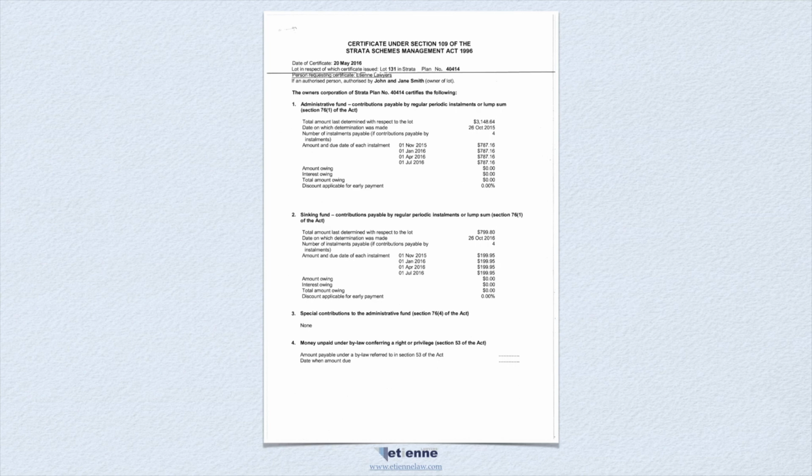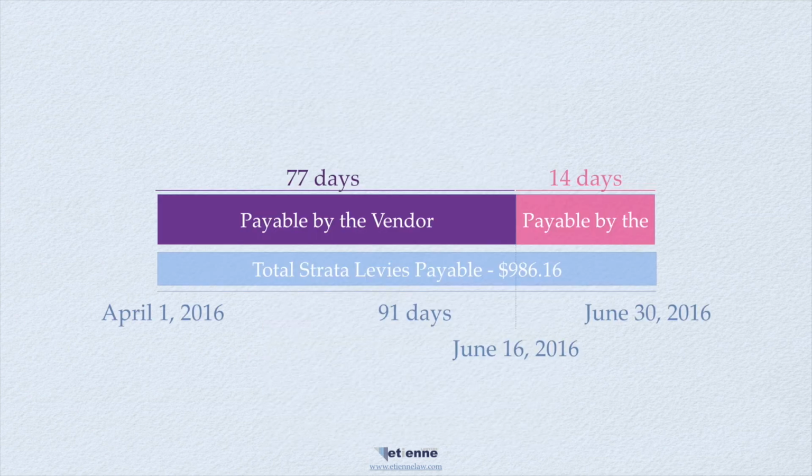On your settlement sheet you will see a Section 184, so we use this number in the example. We adjust the strata levies as appropriate to the circumstances. If there are special levies noted on the Section 184 certificate, who between you and the vendor has to pay them depends upon the terms of the contract you and the vendor agreed with. In this example, there are no special levies to be accounted for.